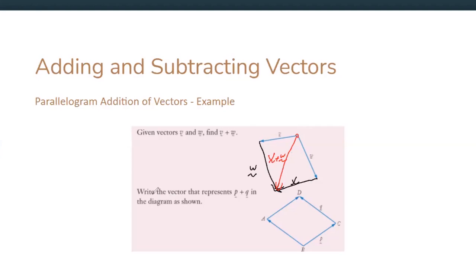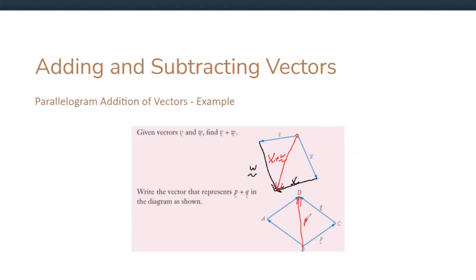So for this one, write the vector that represents p plus q in the diagram, as shown. With this one, they've already given us the parallelogram, like I was saying. Sometimes they'll just give you a parallelogram and want you to work from there. And so from here, we go from the side that has the two tails to the side that has the two tips. We put our beginning tail with the other tails, and we put our tip with the other tips, and then we just connect the two, and that gives us our vector that we want.